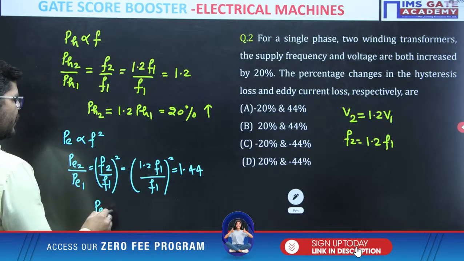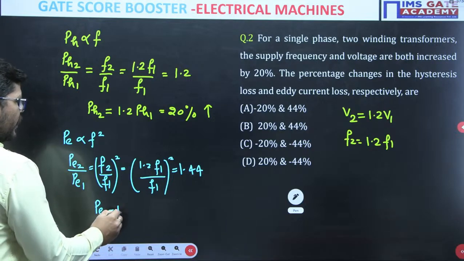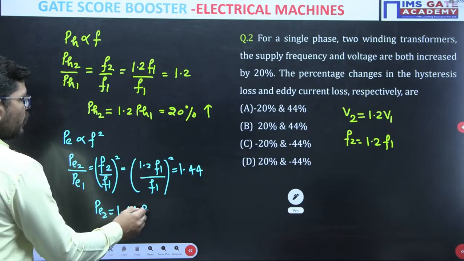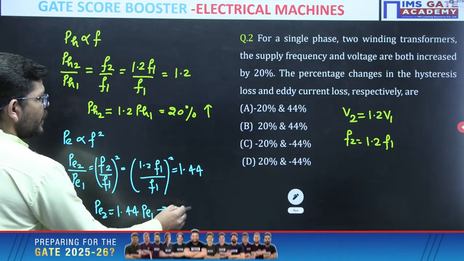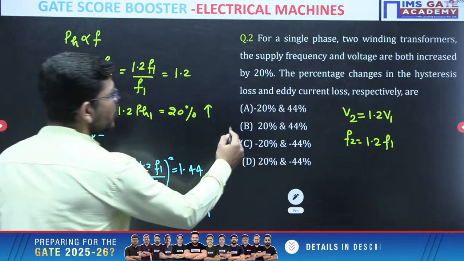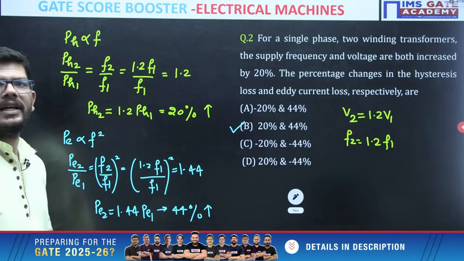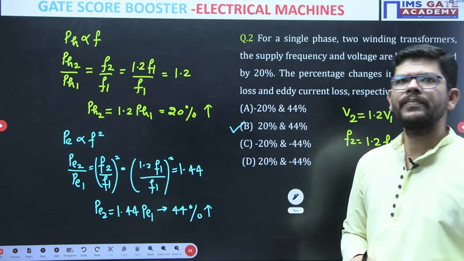So the new eddy current losses are 1.44 times the old eddy current losses, or we can say there is a 44% increase. That means option B is the correct answer, which all of you have obtained. Very good.